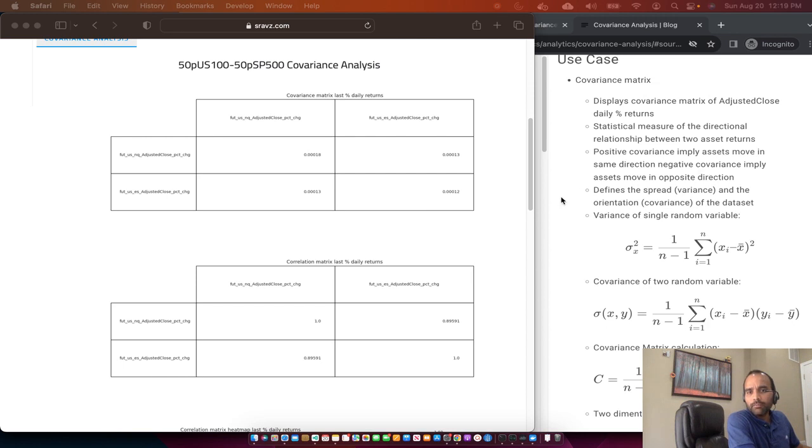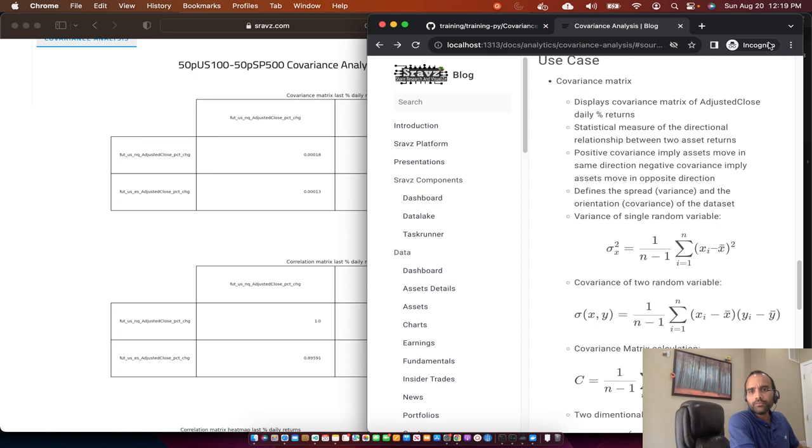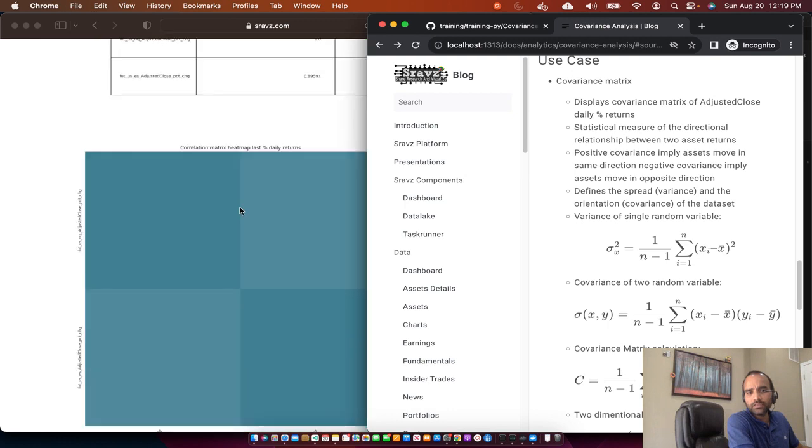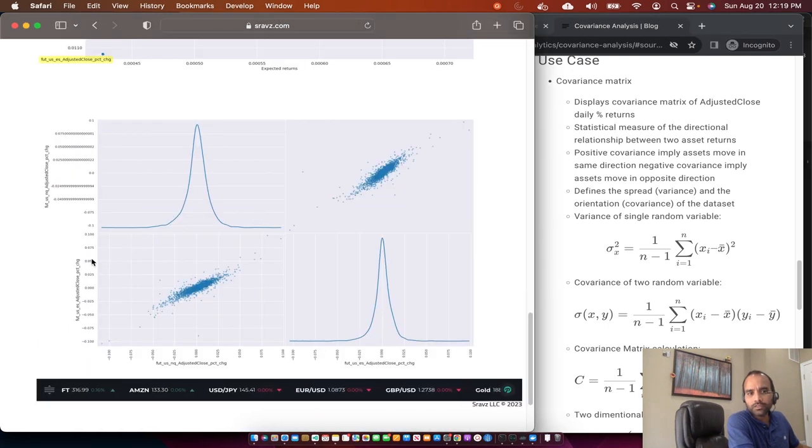So we'll go through the math involved with the correlation and covariance. The covariance matrix displays the adjusted close versus daily returns, which we did here. It's a statistical measure of directional relationship between assets.